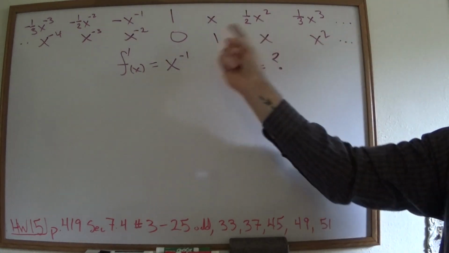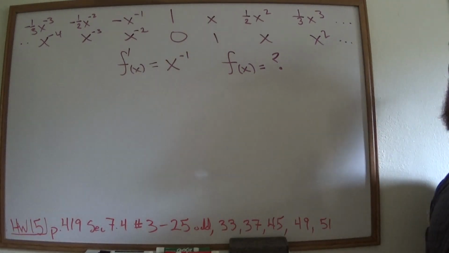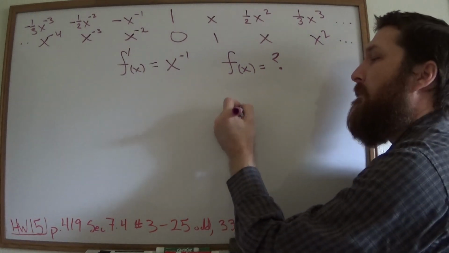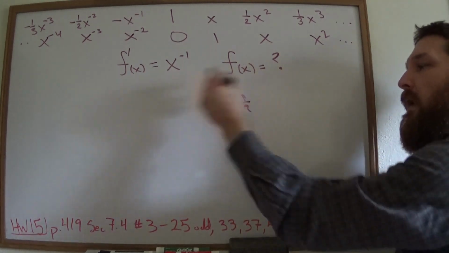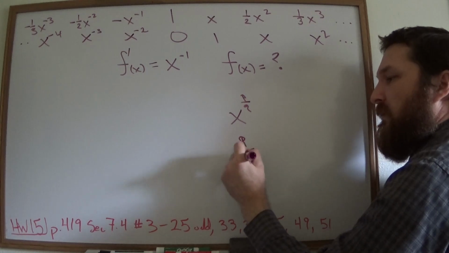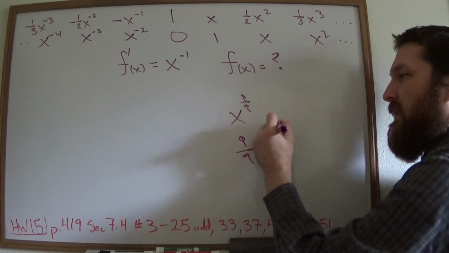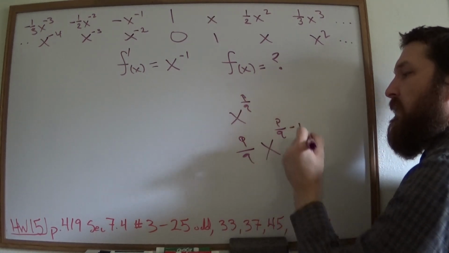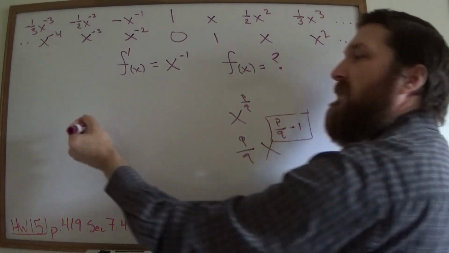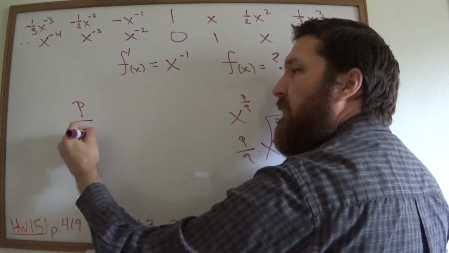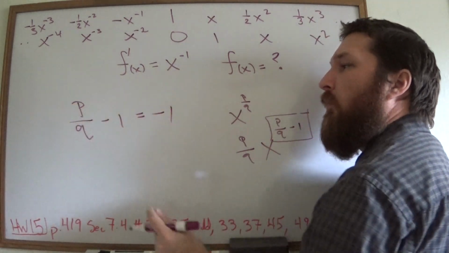We have all the powers, and you could try, if you're like, oh, maybe it's a fractional power, right? Maybe if I had x to some fraction p over q, and I take its derivative, the p over q would come down, and then we'd have x to the p over q minus 1. And you could say, maybe I'll solve that. For what values of p and q give me a negative 1?